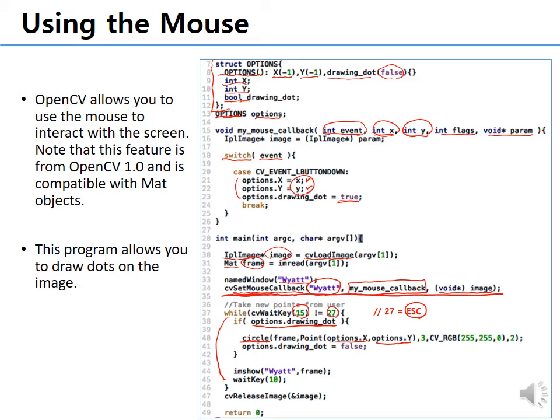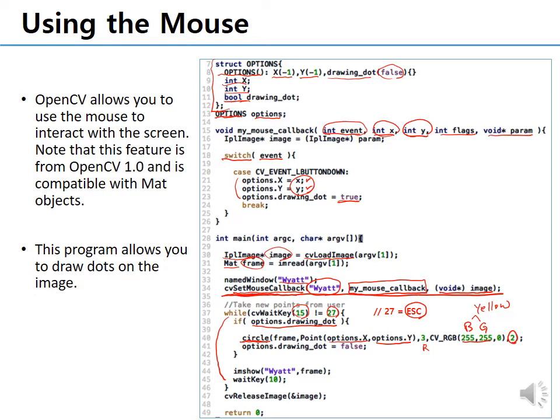And the 3 is the radius, and the color is blue, green 255, that means it is yellow. And the 2 is the thickness of the circle. And they reset option.drawing_dot equal false.